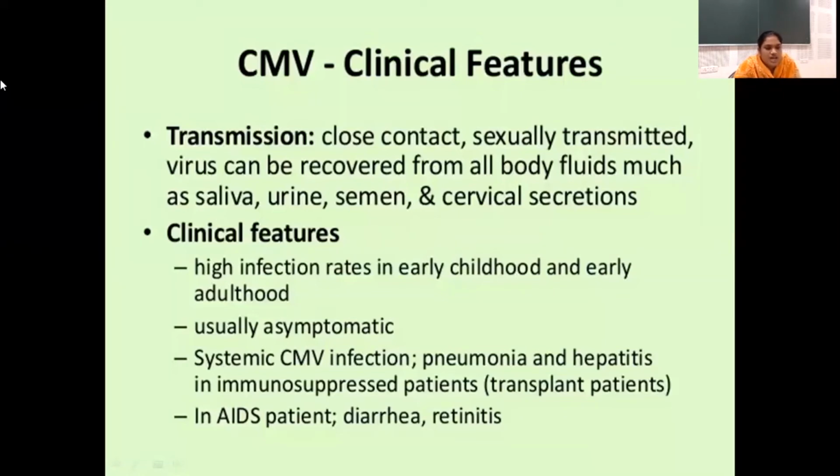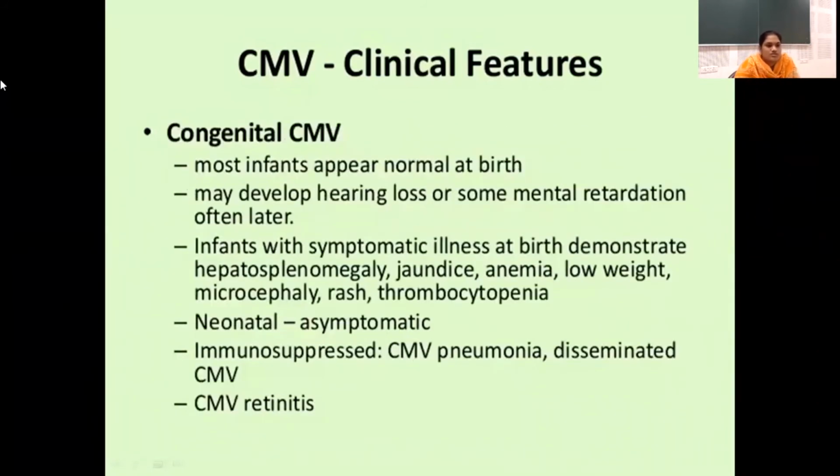Clinical features, high infection rate in the early childhood and early adulthood, usually asymptomatic, but systemic presentations like pneumonia, hepatitis can be present. In HIV patients, diarrhea and retinitis can be the presentation. So congenital cytomegalovirus is the most common type of the presentation. Most infants appear normal at birth, may develop hearing loss or mental retardation often later.